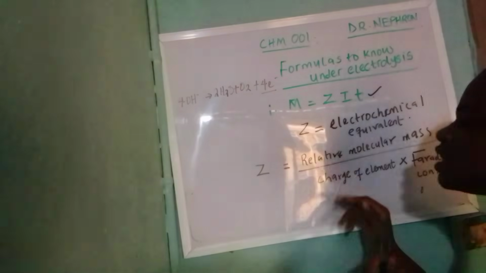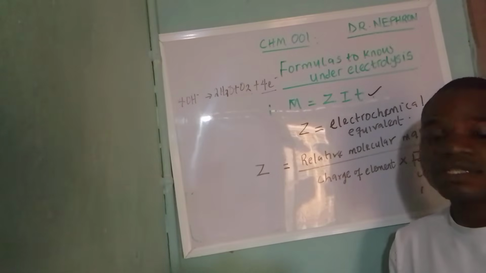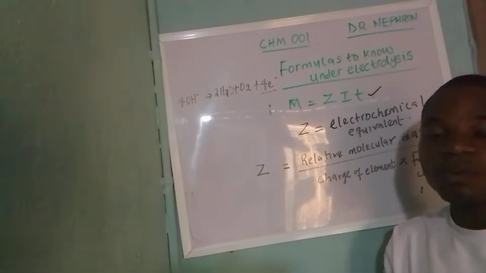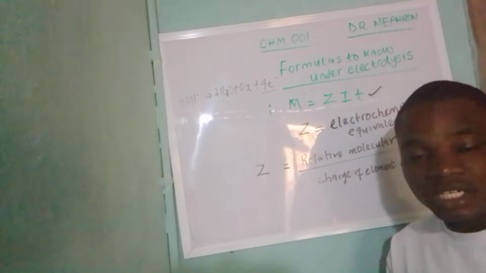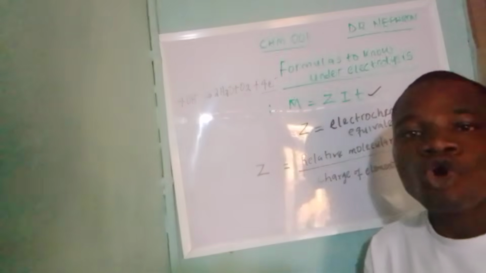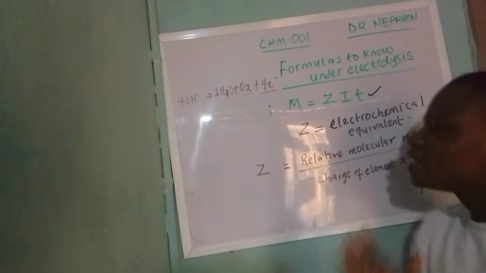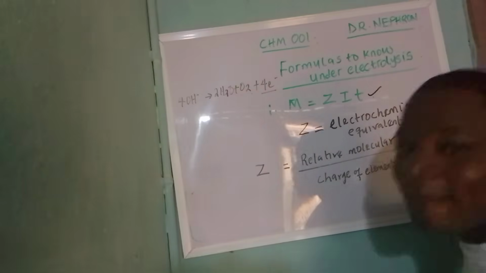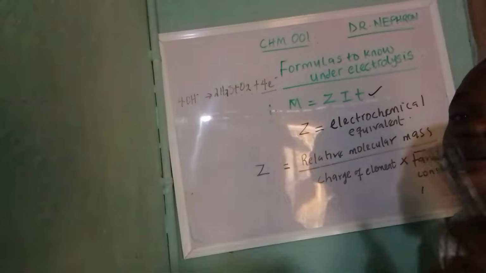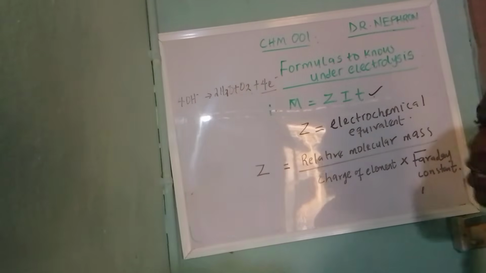So this charge means the charge carried by the element. Sodium is +1, calcium is +2, aluminium is +3, zinc +2, copper 2 plus. That means the relative molecular mass is divided by the charge carried by the element, multiplied by the Faraday constant.